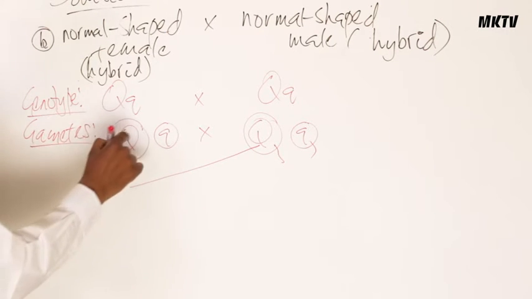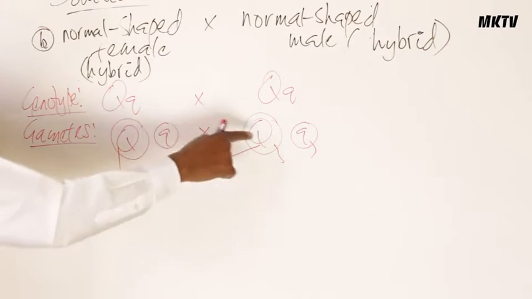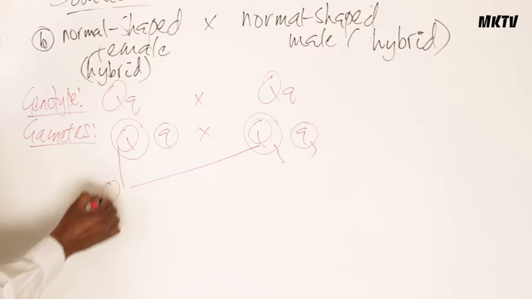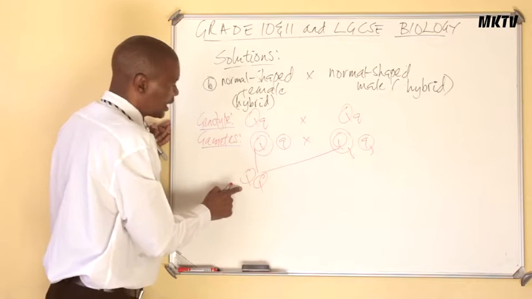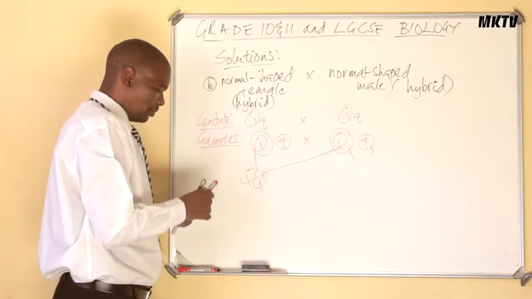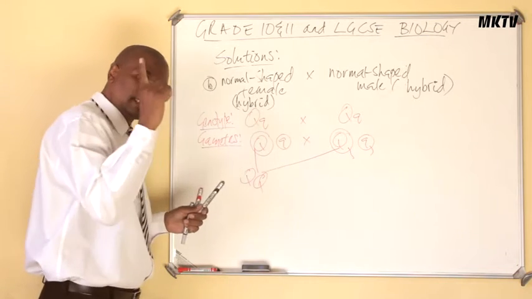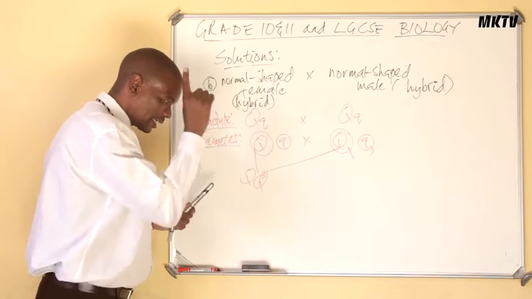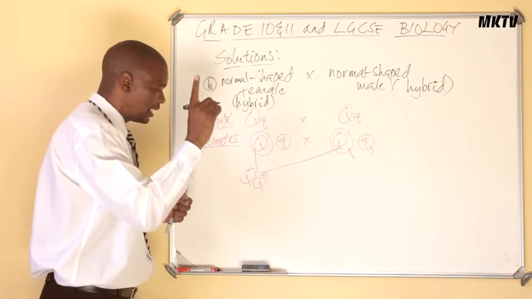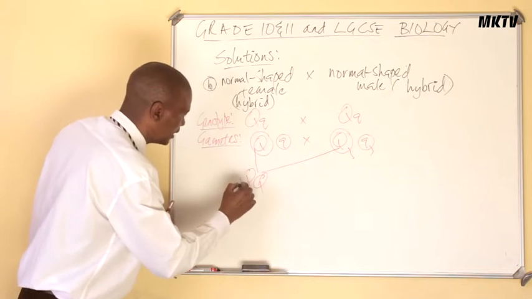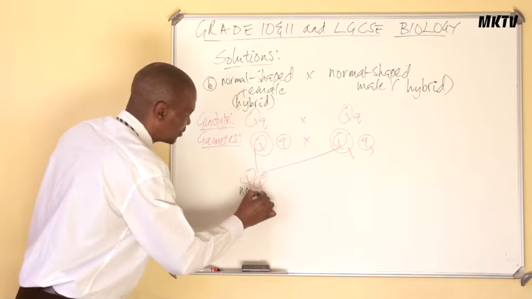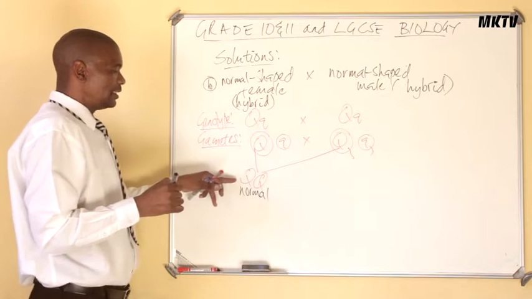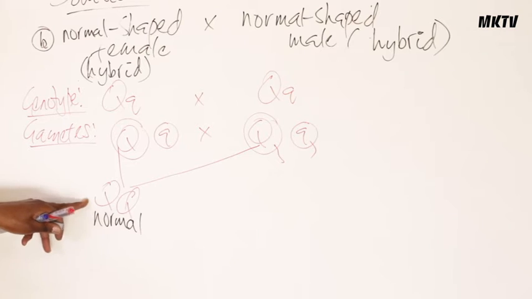So if this allele crosses with this one, we shall have this one. And what shape will this be? Remember, just one capital letter represents a dominant gene. We shall have a normal. So this is normal shaped, and this is also a hybrid. And this is how people know hybrid rams.